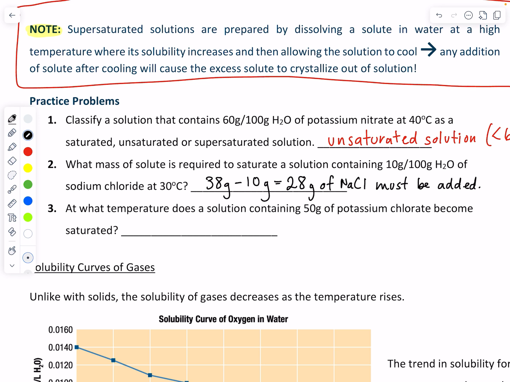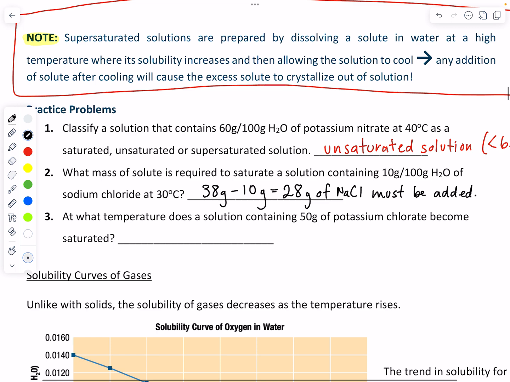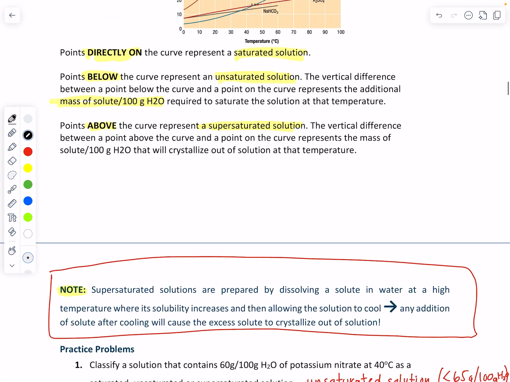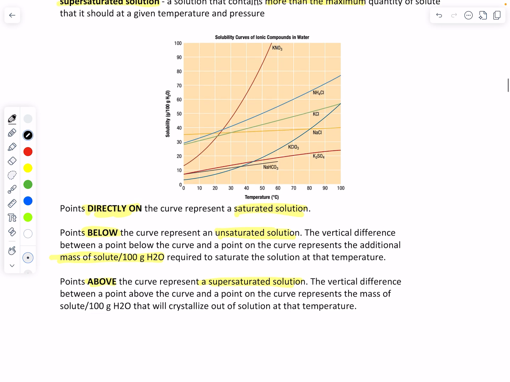Question number 3. At what temperature does a solution containing 50 grams of potassium chlorate become saturated? So let's find potassium chlorate and see at what temperature 50 grams will be saturated.